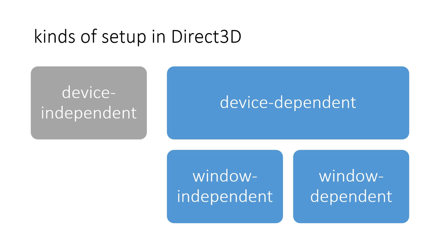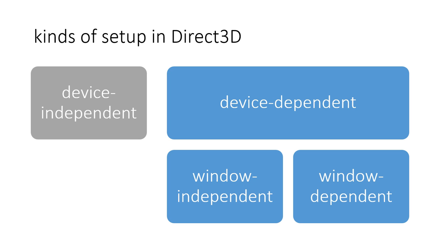And if some property of the window has changed, then you have to run the blue box on the right. Those three small boxes each map to a function that you call at various times. Device independent, usually just call it once. Window independent, call it if something about the device changes. Window dependent, call it if something about the window changes.